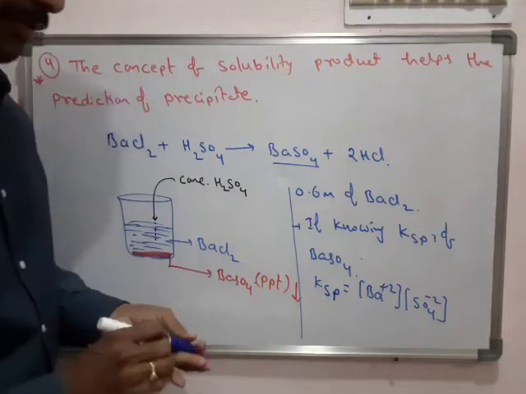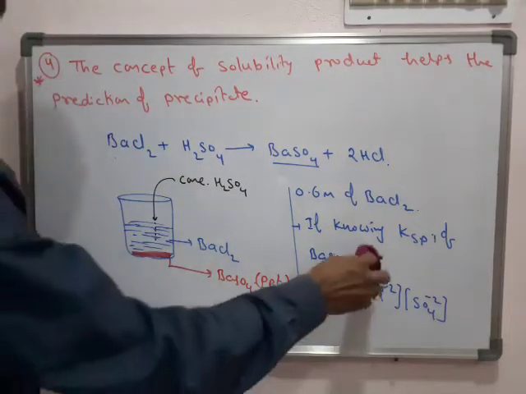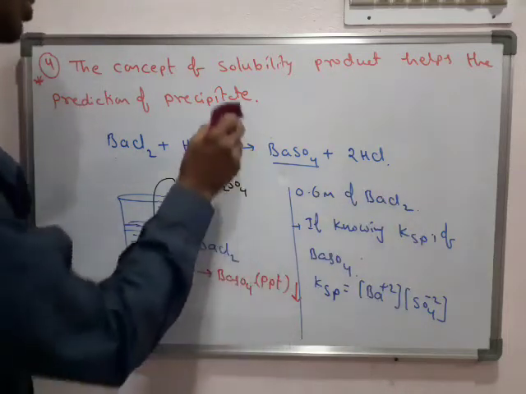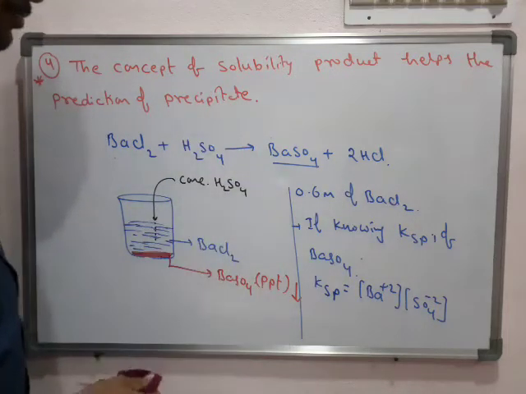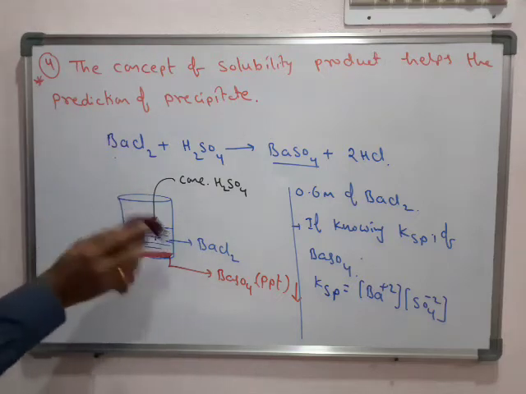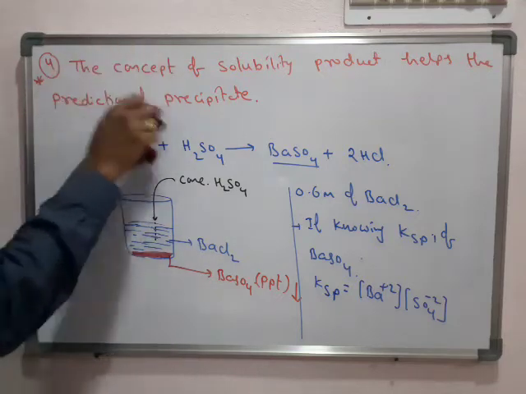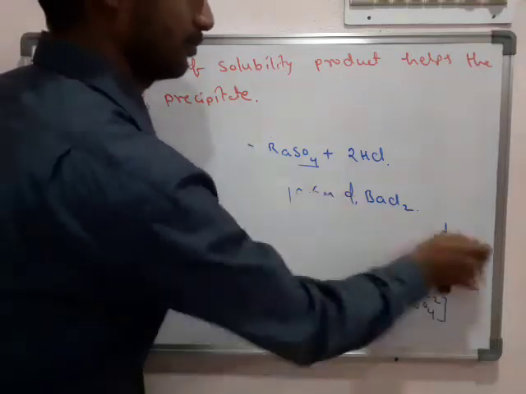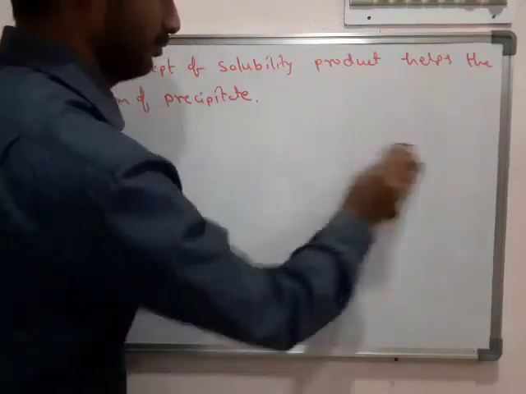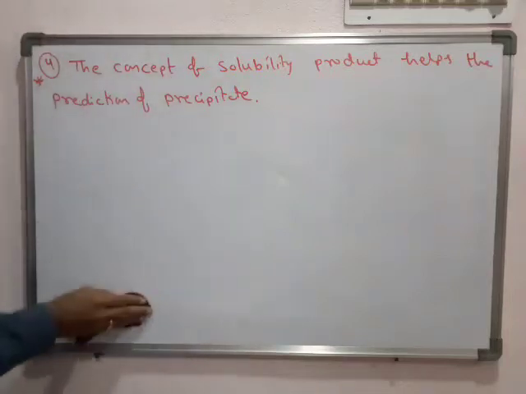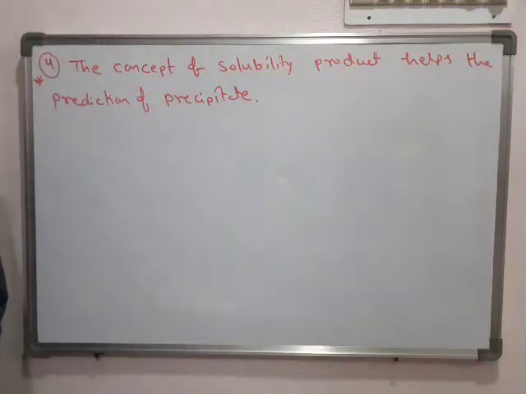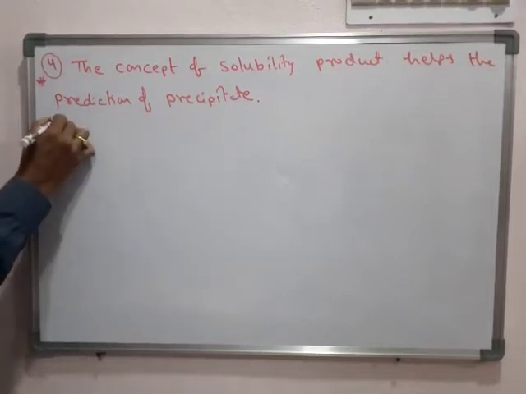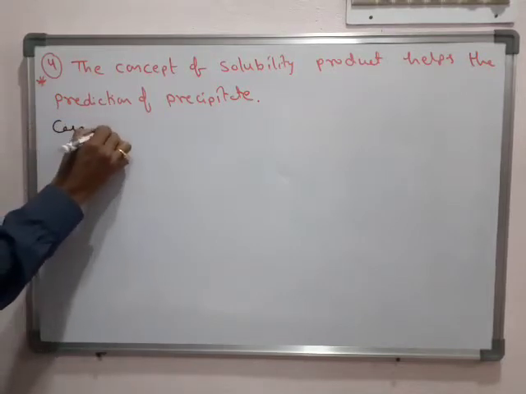Okay, now we see how, knowing this KSP value, we are able to know if there is a formation of precipitate or not. Okay, we are taking this just as an example to understand this point. So for example, there are three cases in this point.